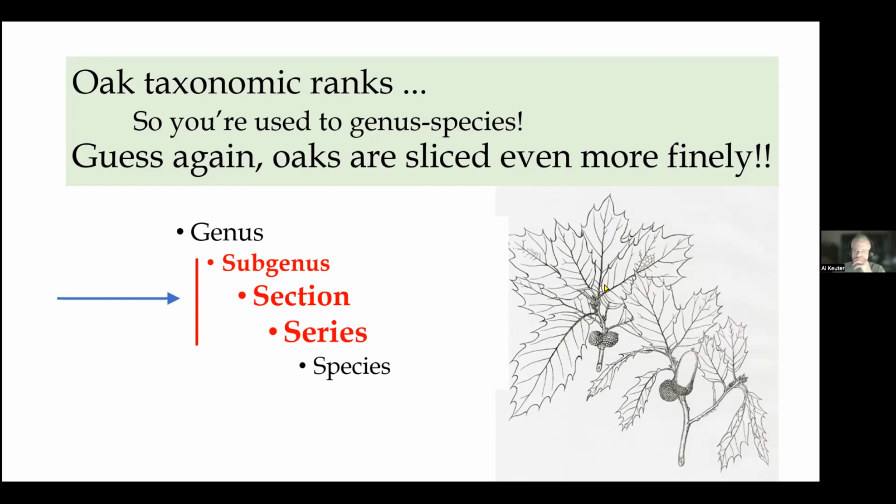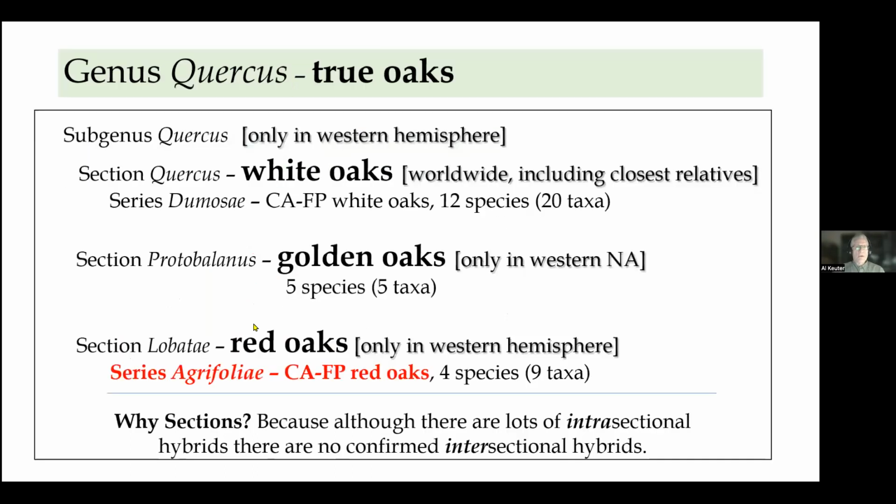On the right, you see a wonderful hybrid California oak drawn by a man named Kellogg, early in the 18th century. So genus Quercus, true oaks, all fortunately in the Western Hemisphere, they're all in subgenus Quercus. You're going to see a lot of Quercus.